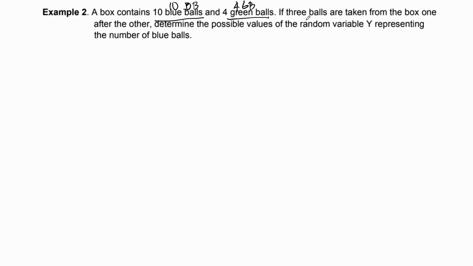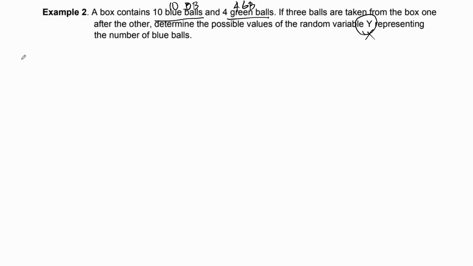Sabi nga, if 3 balls are taken from the box, one after the other, determine the possible values of the random variable y representing the number of blue balls. Okay? So, yung pag-declare sa random variable, kung hindi siya stated sa problem, you can always default it as x, no? Pero here, on this problem, example 2, it has been declared na ang variable mo is y, okay?